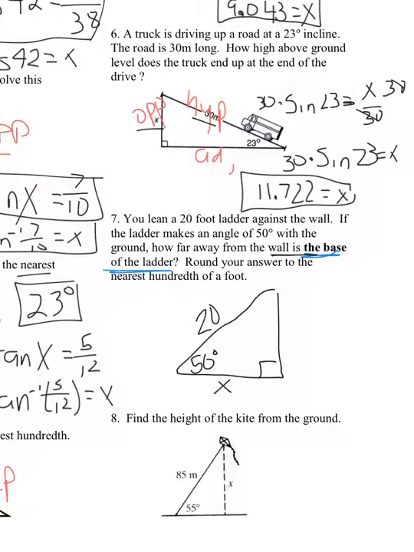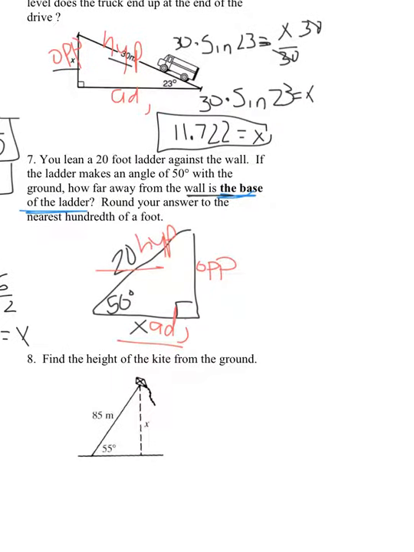They're looking for that. Okay, so that's opposite, hypotenuse, adjacent. Adjacent and hypotenuse have our information this time. That's going to be cosine. So we have cosine 50 equals adjacent x over hypotenuse 20. Times 20 to both sides. 20 times the cosine of 50 is going to give you 12.856.